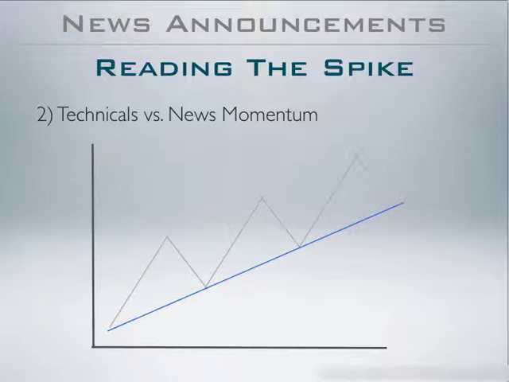So, course of action here, and now I'm trying to be a little bit more specific. What should you do? Should you see price spiking down against the technicals, but then the technicals surviving the news momentum?